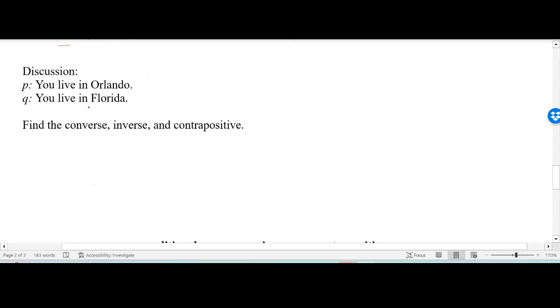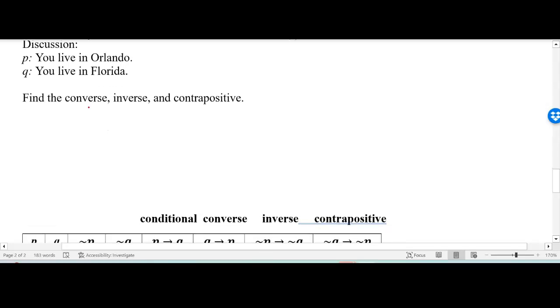And you can use your notes when you're looking at these. Let's just try something. Here's our discussion. P is going to represent you live in Orlando. Q is going to represent you live in Florida. We want to find the converse, the inverse, and the contrapositive. So we know that the conditional is if P, then Q. That would be if you live in Orlando, then you live in Florida. But now let's find the converse.